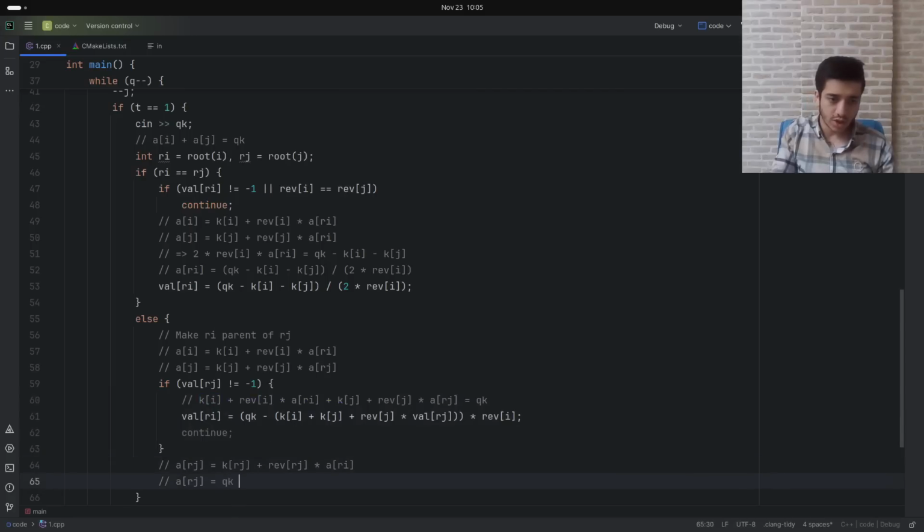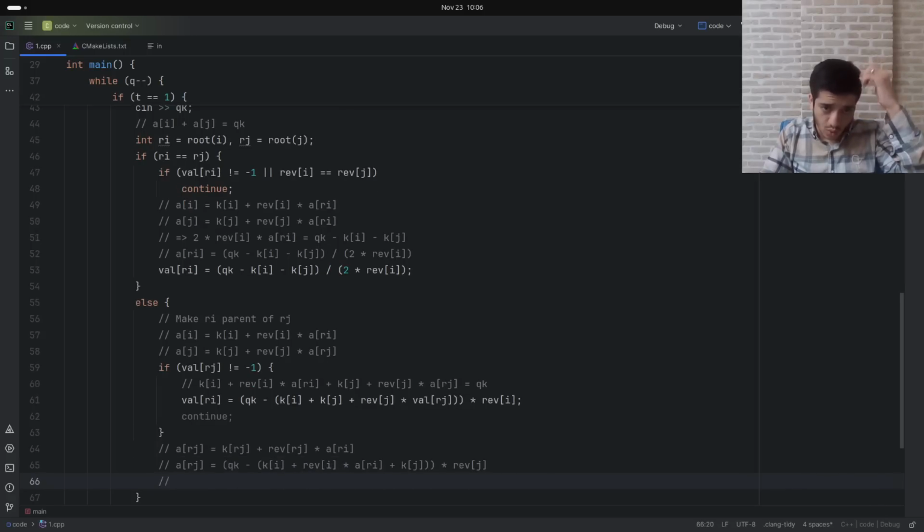So qk minus all these values, and finally times rev of j, and then I need to make it clean.